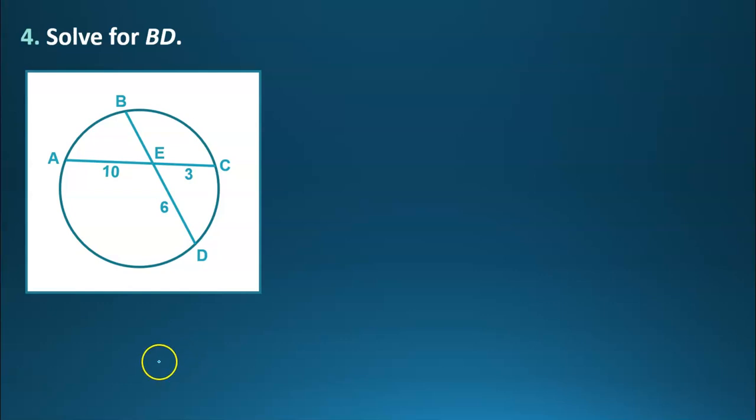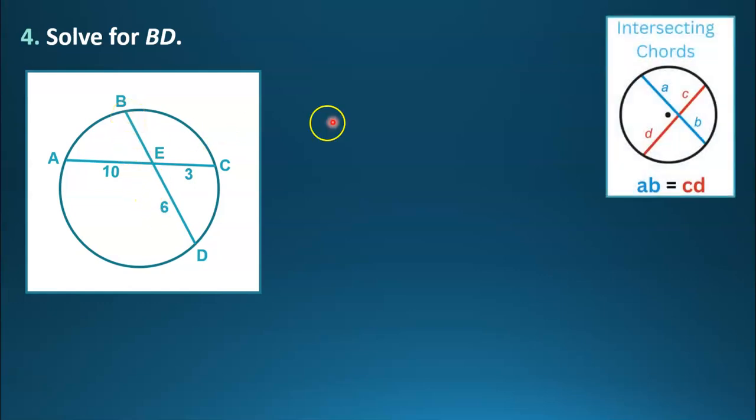Here we're going to solve for BD. BD is right here. It's this segment here. So it's a segment length. I'm going to go to that slide that has to do with segment lengths, and I'll see a diagram that looks similar to this. I've got chords that are intersecting inside the circle, and there's a relationship between all of these different lengths. So what we have here is if we have one chord, we can take the pieces that it's kind of broken up into.